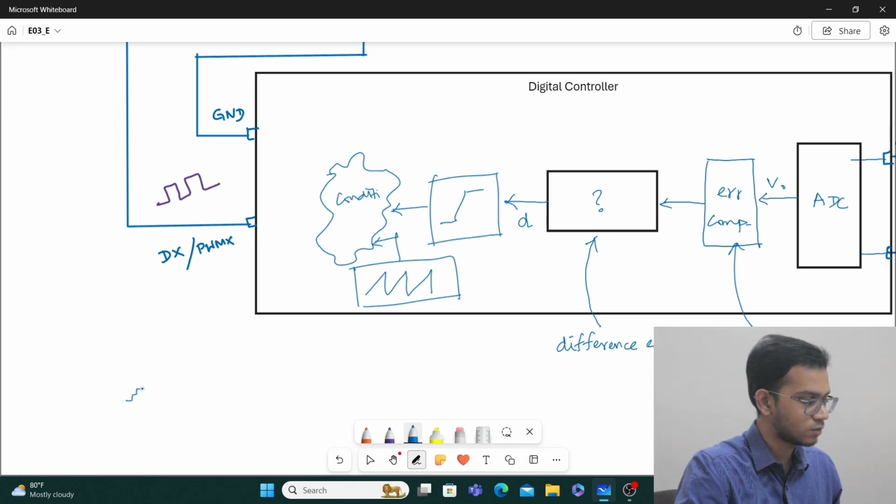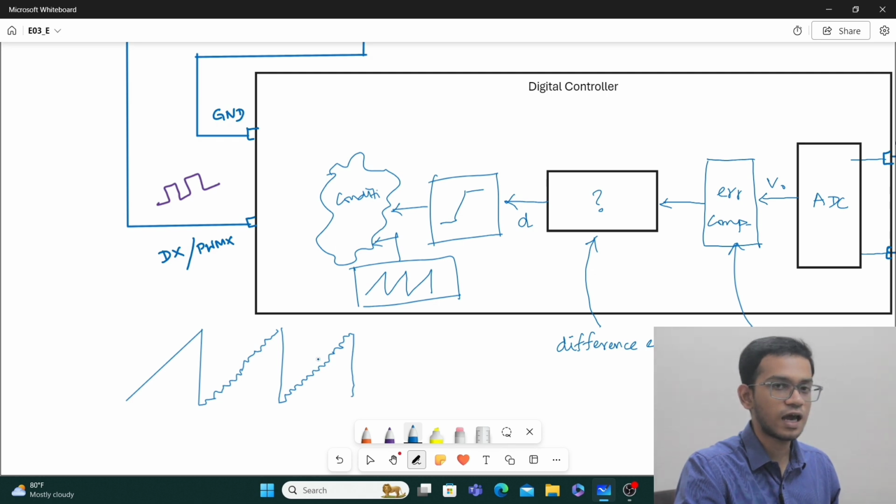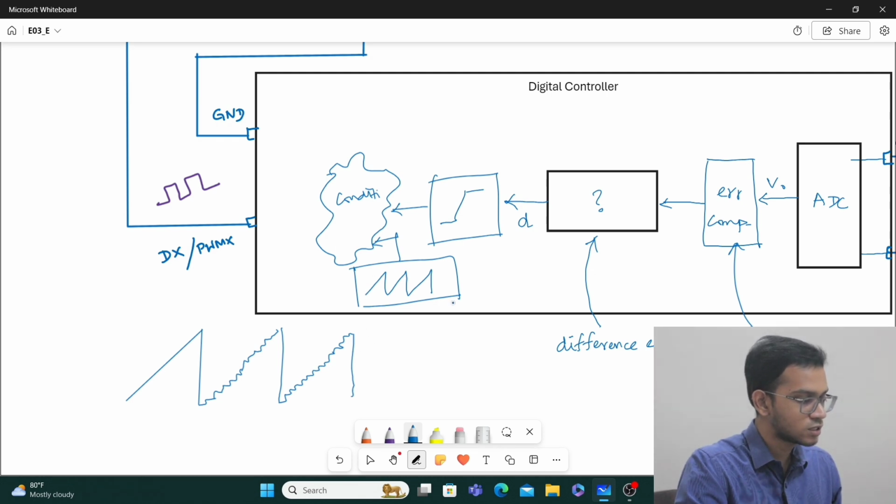Discrete sawtooth waveform is something like this. It can count from a value to an upper value, then again come down, again it will count to a value, and again it will come down. It will be like this. It's fundamentally a sawtooth. All this will happen because of counting action. It will happen in the counter register. So this discrete sawtooth waveform will be generated.